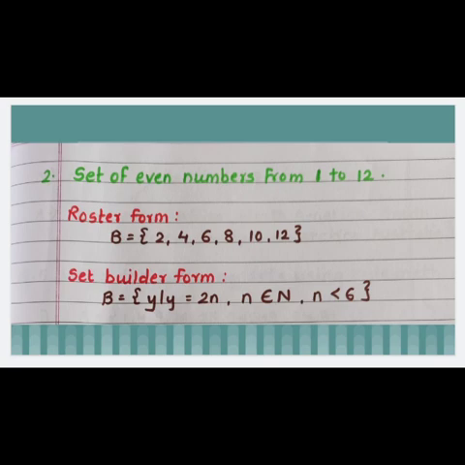As well as these are natural numbers, hence n belongs to capital N. The numbers mentioned here are those coming in the table of 2, till 2 times 6 is 12. Hence n is less than or equal to 6.